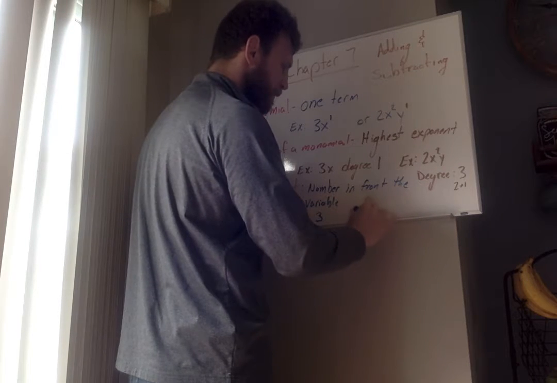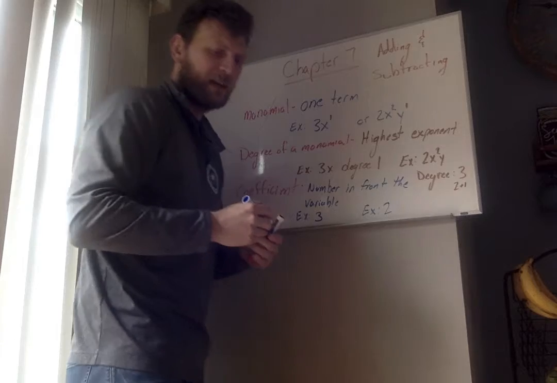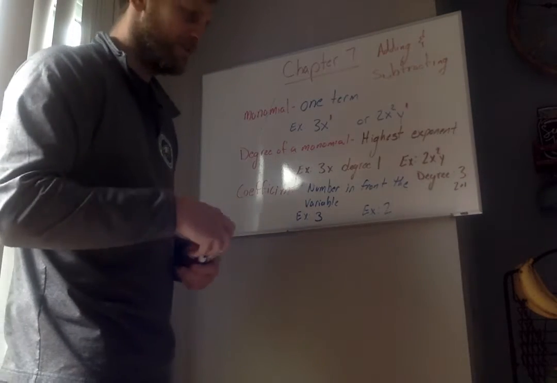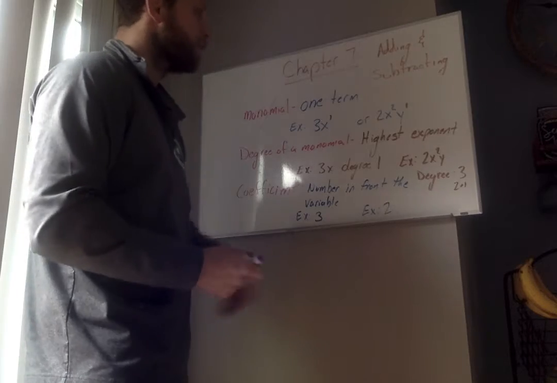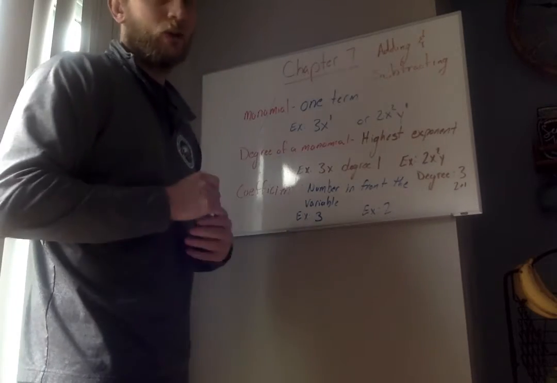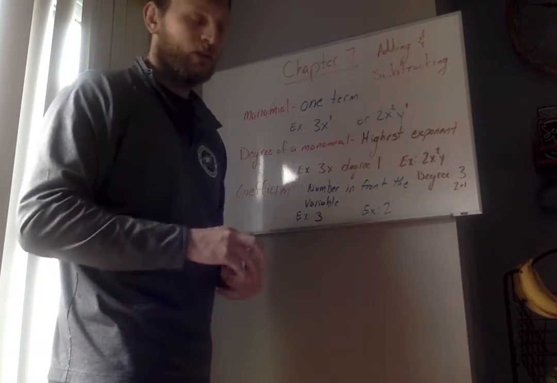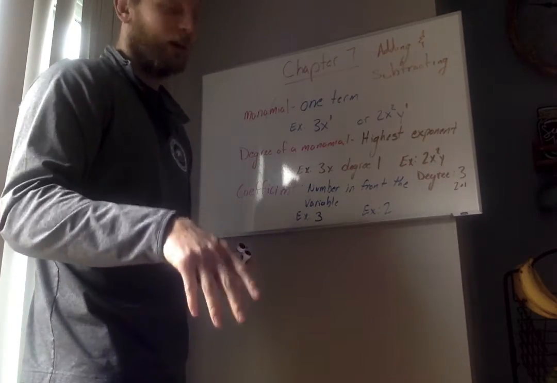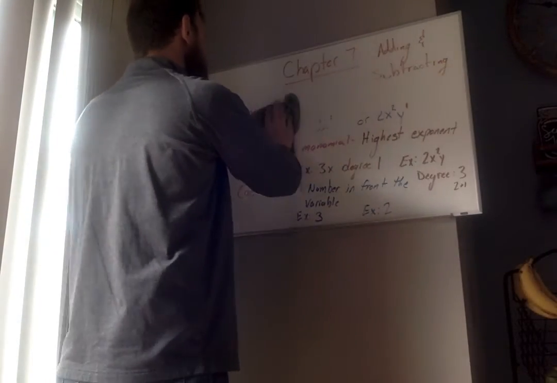For this one, that would be 2, because it's in front of that. That's my coefficient. Any questions? Joe? Yes. So you're going to add these two exponents to come up with the degree of a monomial when there's two different variables. And when there isn't one, it's just your highest exponent. All right, pretty simple there.